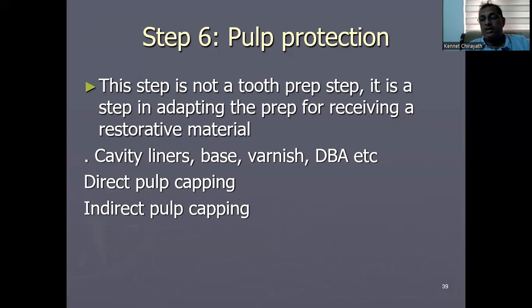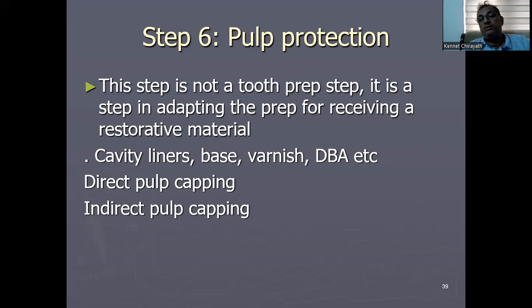Now comes the base. Base is usually given under amalgam restoration because amalgam is a good conductor of heat. If you give a restoration without base, the patient will have sensitivity to hot and cold food.